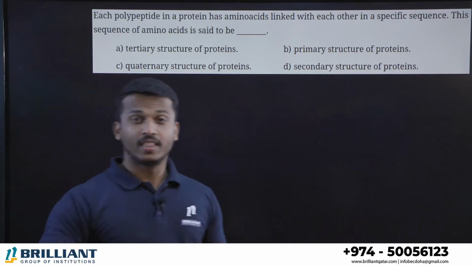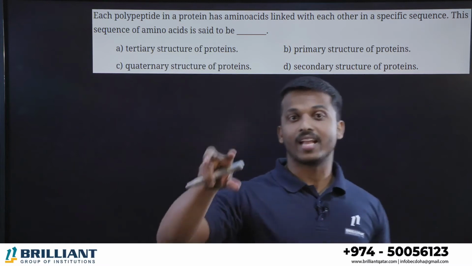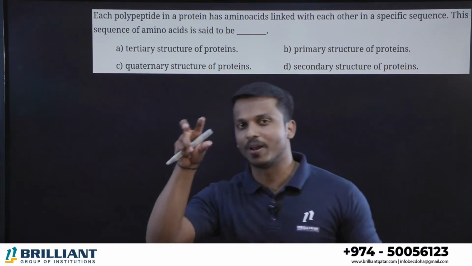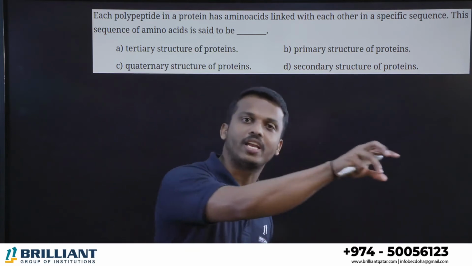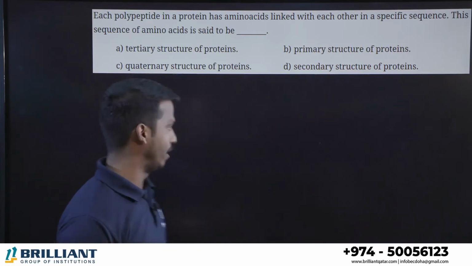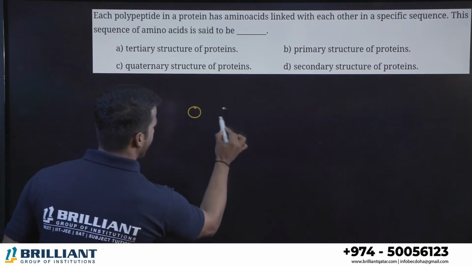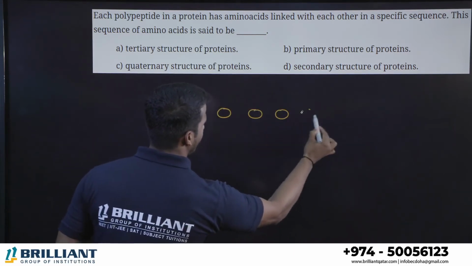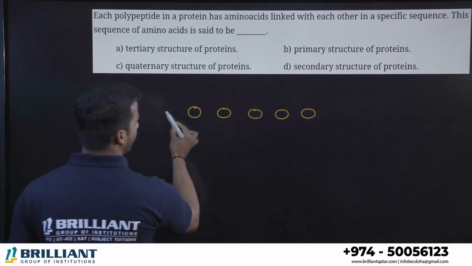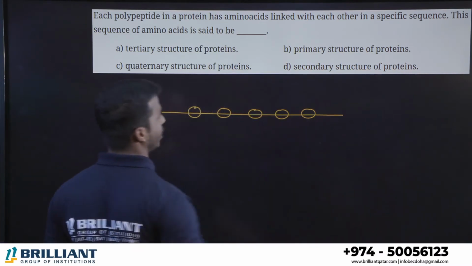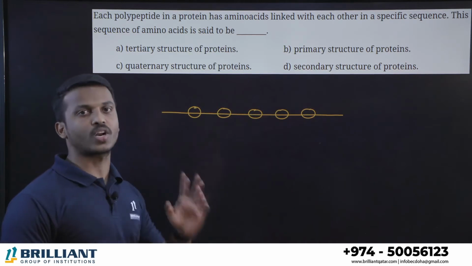The specific and sequential arrangement of various amino acids on a protein chain is called the primary structure of protein.